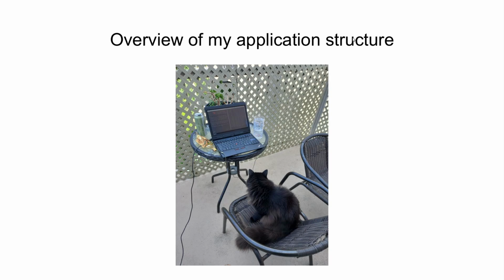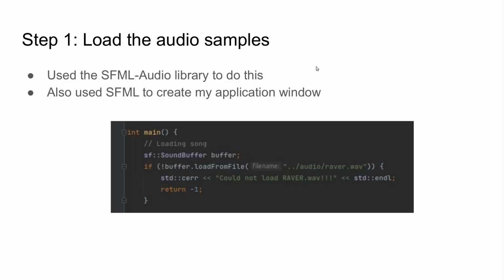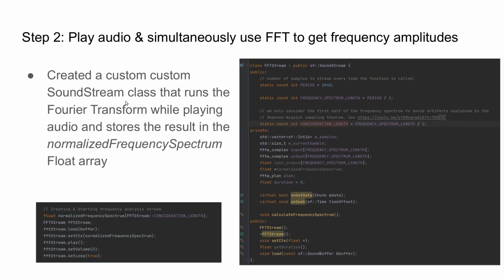So quickly now, I'm going to give an overview of my application structure. The first thing that needs to happen is the audio samples need to be loaded. Then I create my SFML window. I created a custom audio streamer class, extended from the SFML audio streamer class.